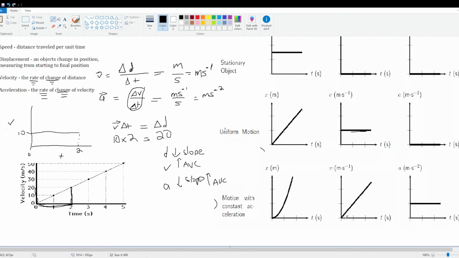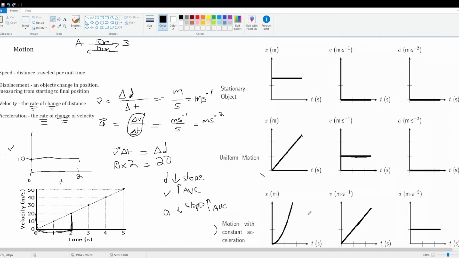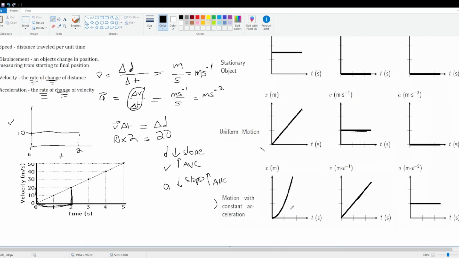And then as you see here, velocity is linear, increasing, and so you kind of understand the correlations here in all three.